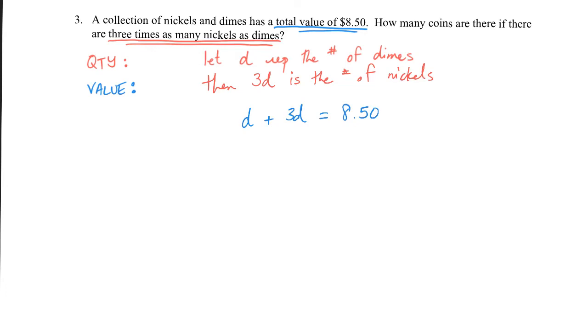Just remember what that left side is. That's the number of coins. Well, you need to tell me, how do you have a number of coins that equals 8.5? How do you have 8.5 coins? You can't. You have a coin or you don't have a coin. It's illegal to cut coins in half.